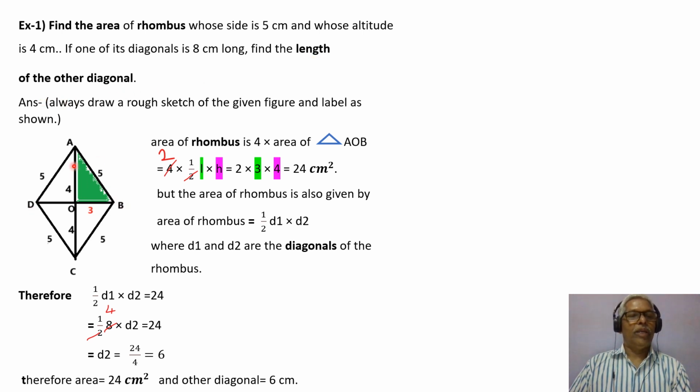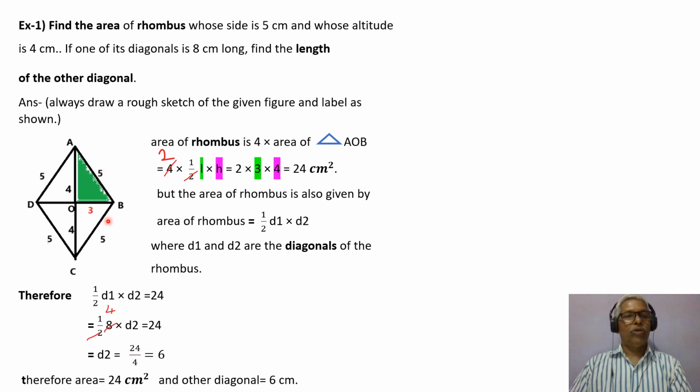If you concentrate on this triangle, then this is 3. Got it? Because this square plus this square equals this square, Pythagoras theorem: 4 square is 16 plus 9, which is 3 square, equals 25, which is 5 square.